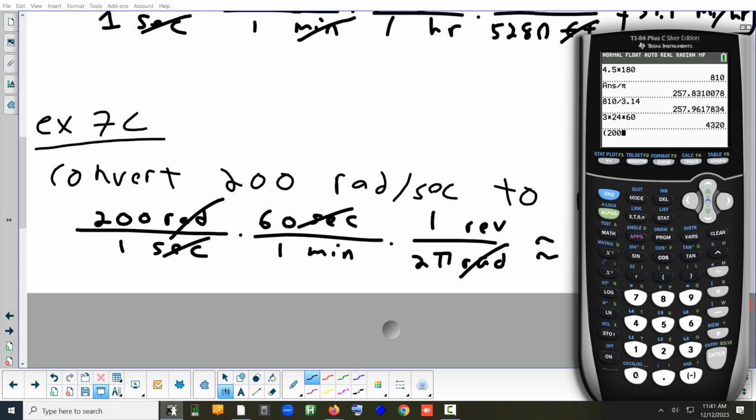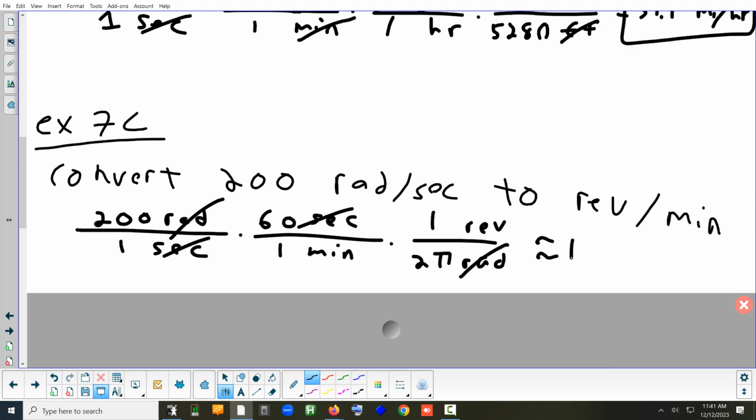The way I would type it in is 200 times 60, so the calculator knows to do the top first, and then divide by. It'll do 2 times pi, and then divide the top by what it gets. Okay, so it's 1,909.86.